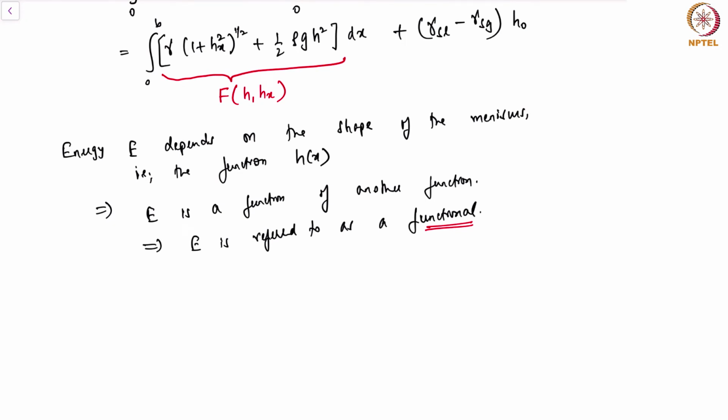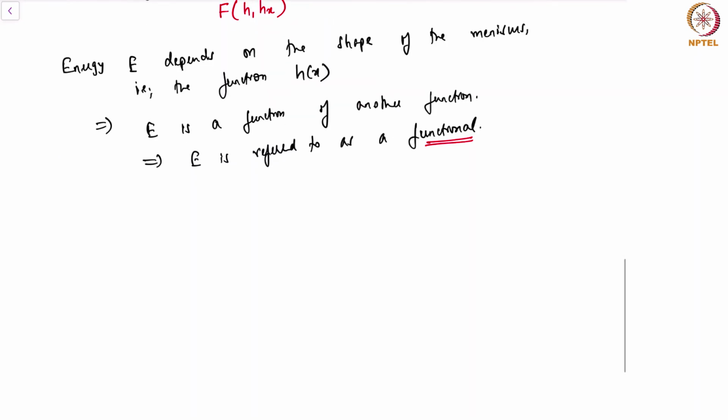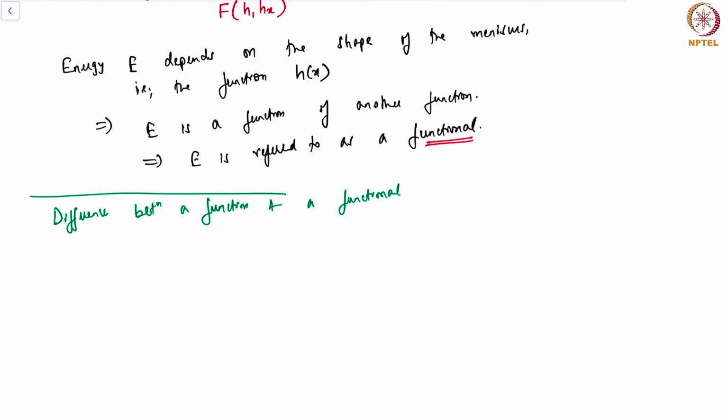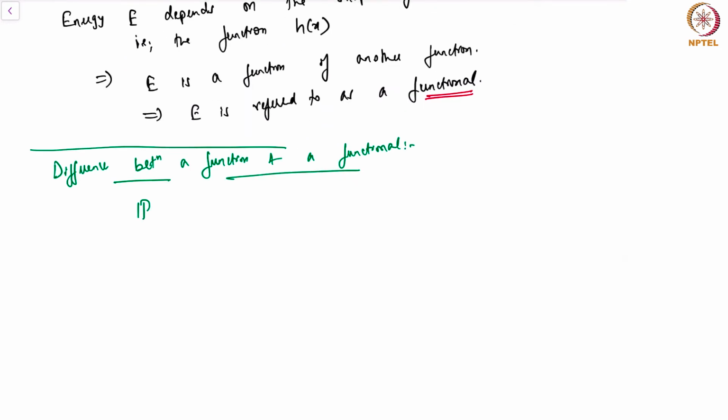And what is the difference between a functional and a function? So very simply put, think about a function as a quantity where, if I give a real number, let's say a real valued function f of x, what's the output of this function?